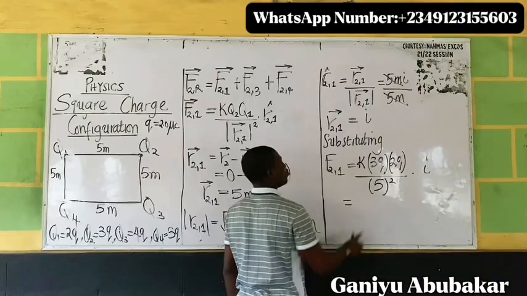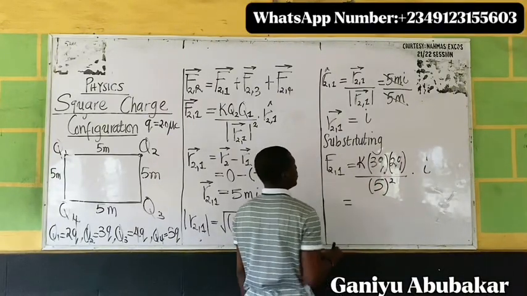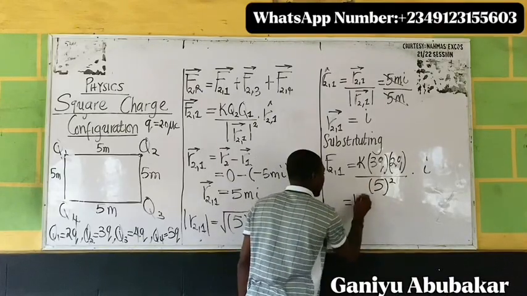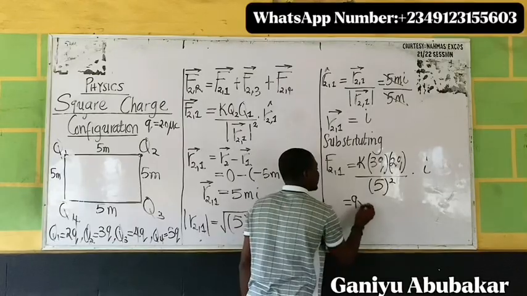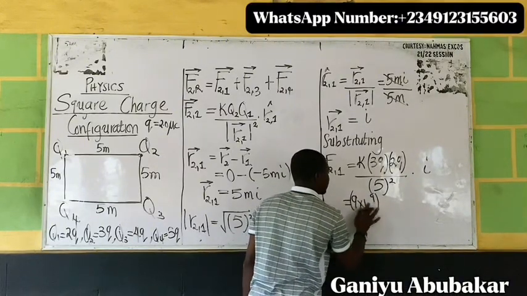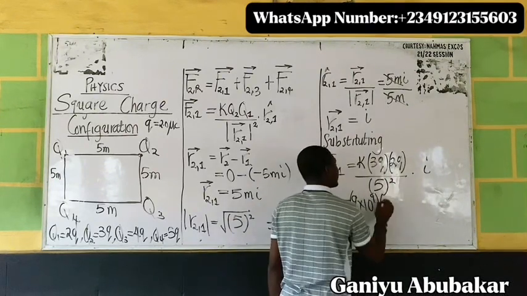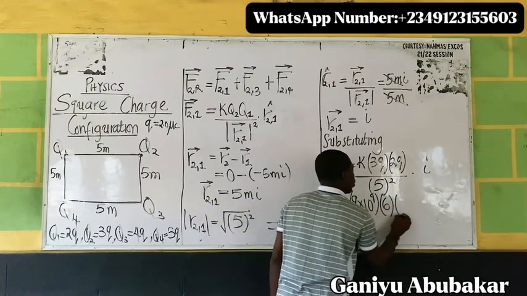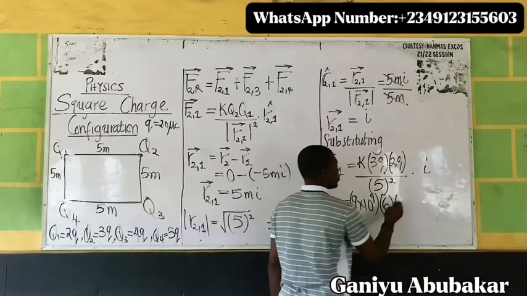This is equal to 2 times 3, which is 6. K is a constant, 9 times 10 to the power 9. So K into 6, into Q times Q, gives Q squared.